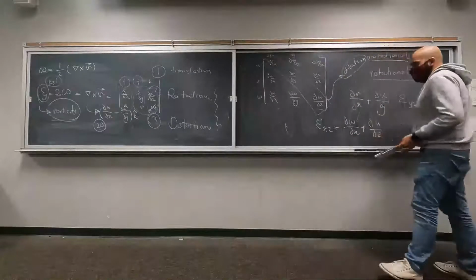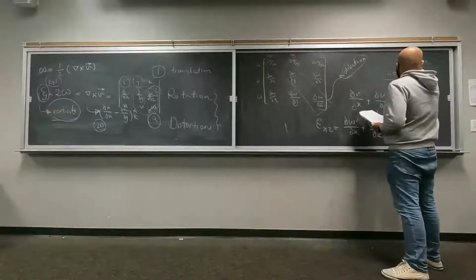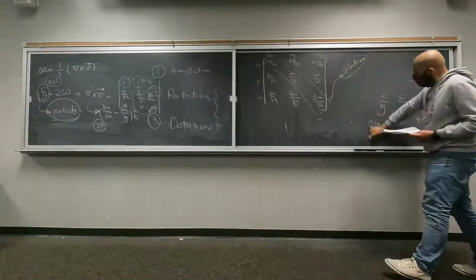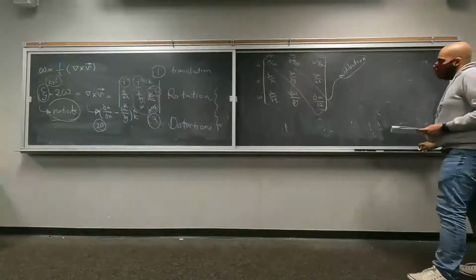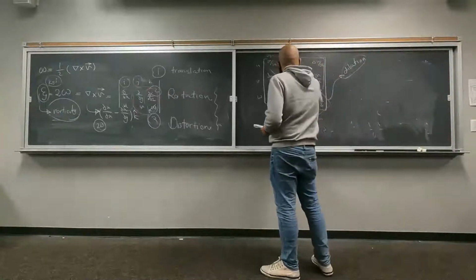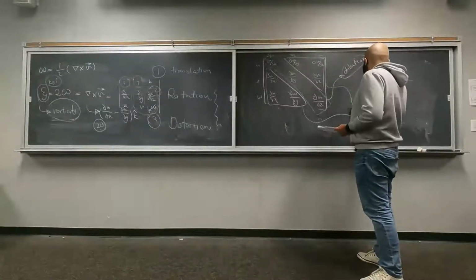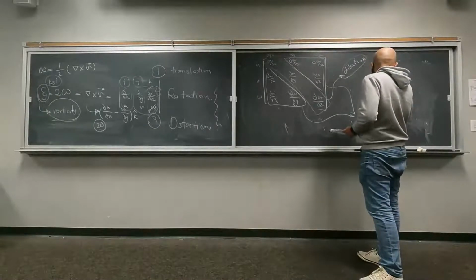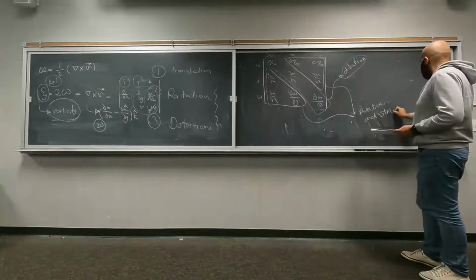So these diagonal terms signify the dilation of the flow. These other terms are mainly focused on the rotation and strain.